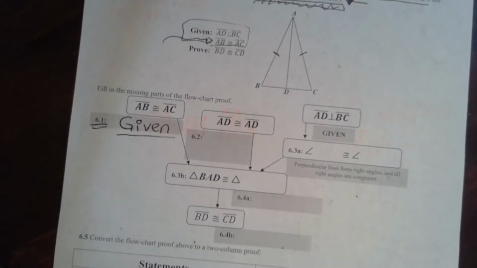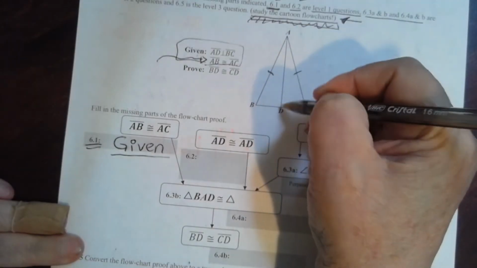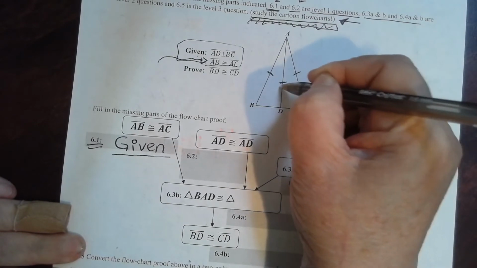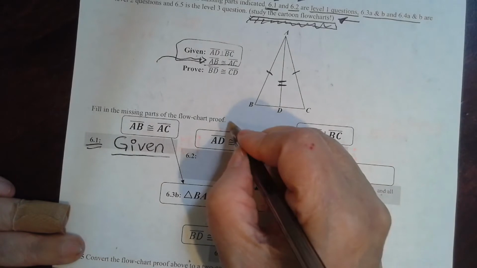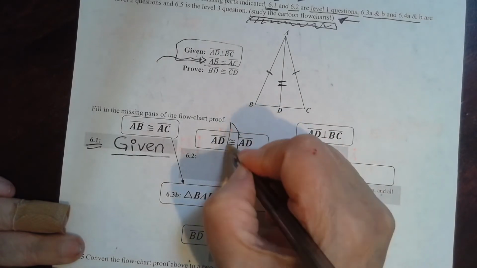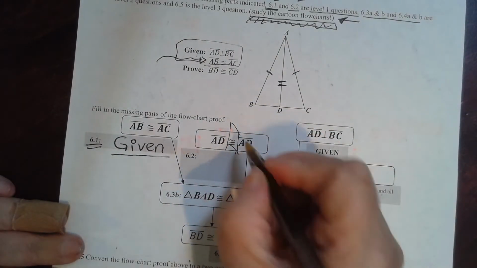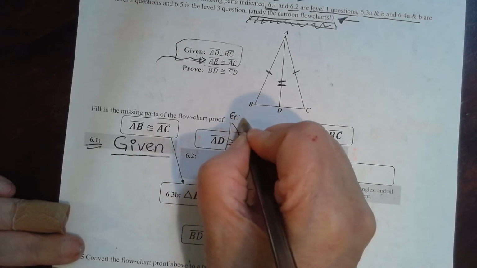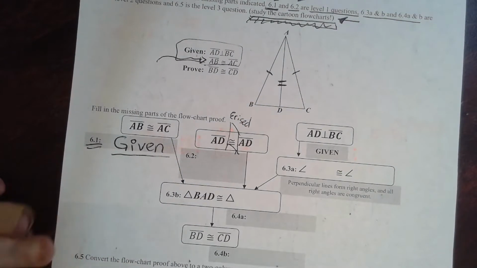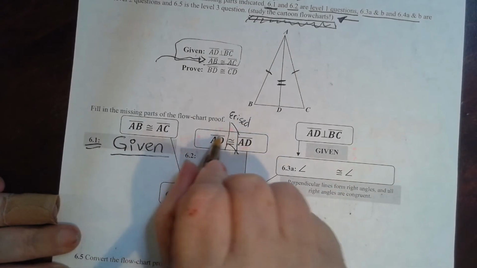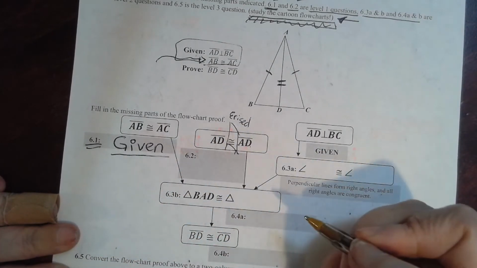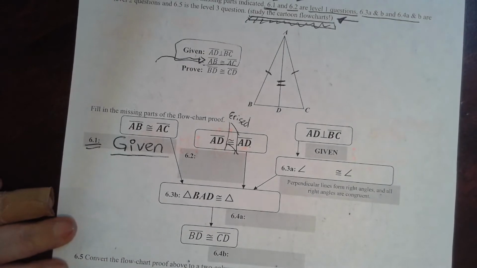All right. The next thing is, it says this line segment is congruent to itself. This was another one that was hopefully pretty easy. If this symbol was a mirror, kind of like the mirror of Erised, that's a Harry Potter reference, but anyway, AD looks in the mirror and sees itself, or it sees its reflection.